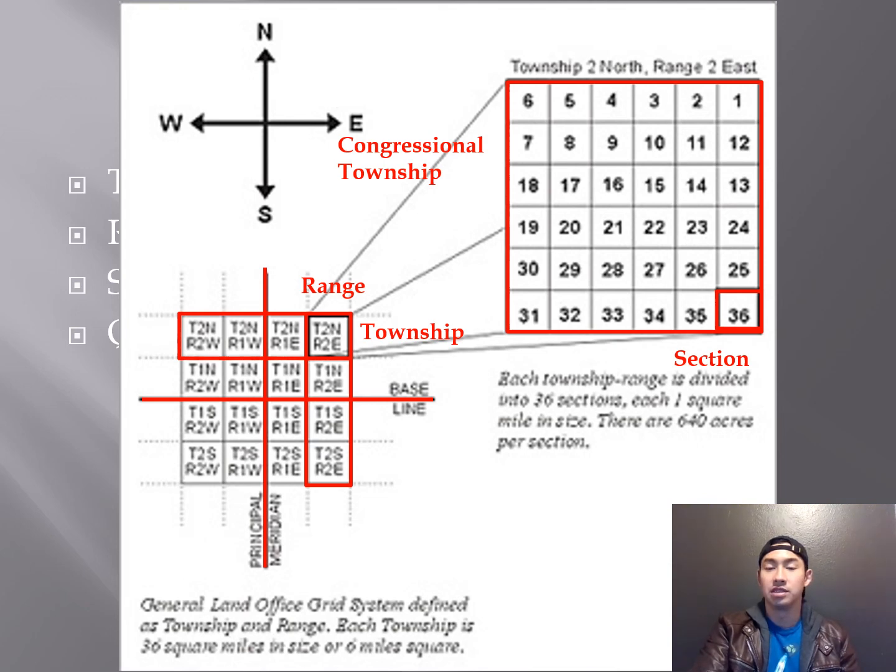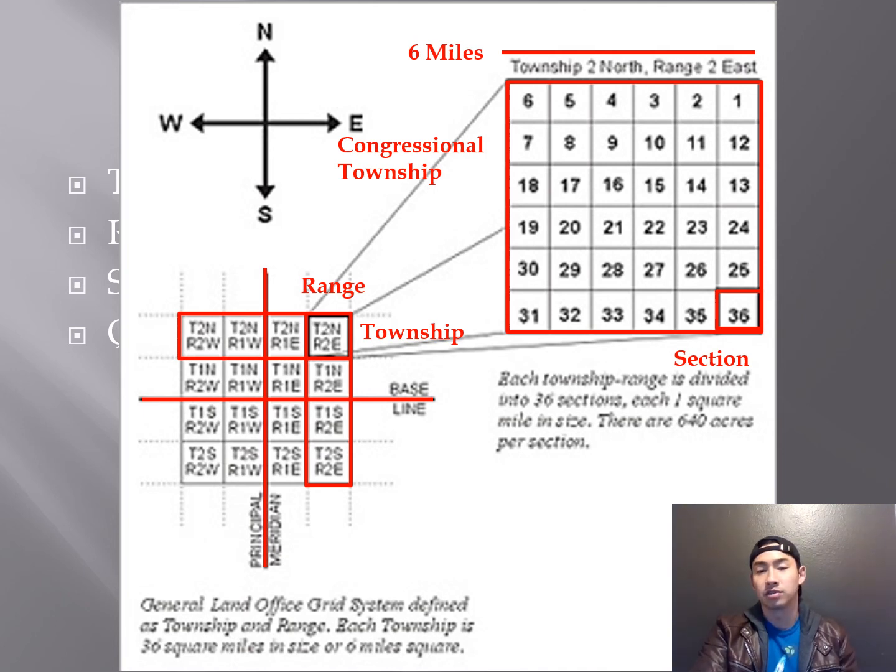Do note the notation of how the sections are numbered: we start from 1 on the upper right and move left, counting upwards, and it snakes its way down to the bottom until we have 36.